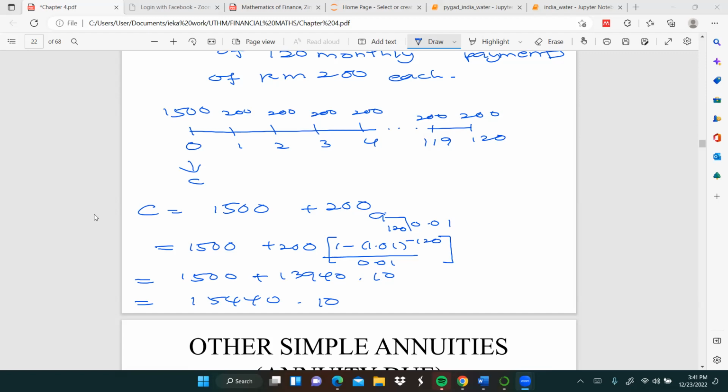Next we have, let Y denote the required payments.